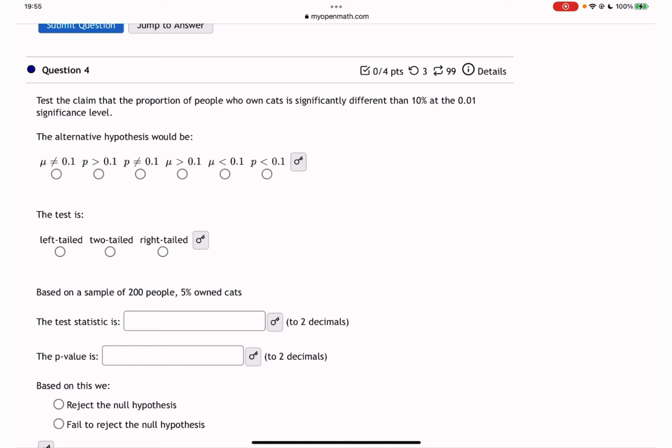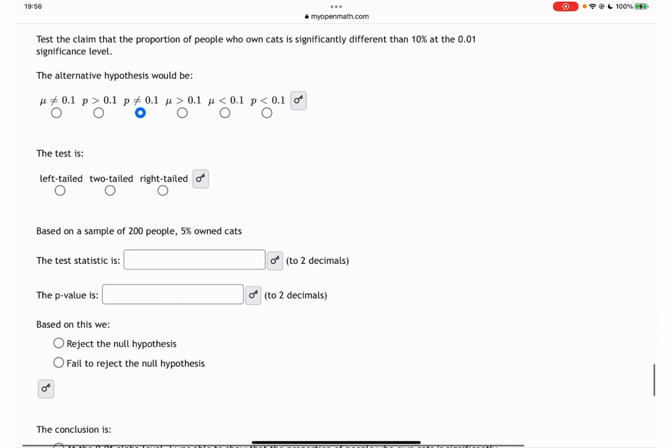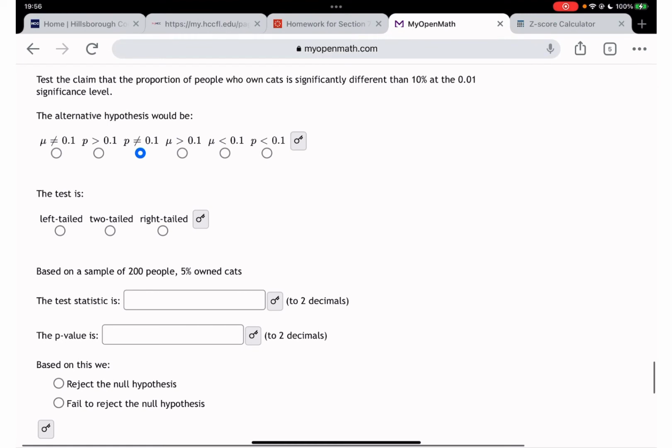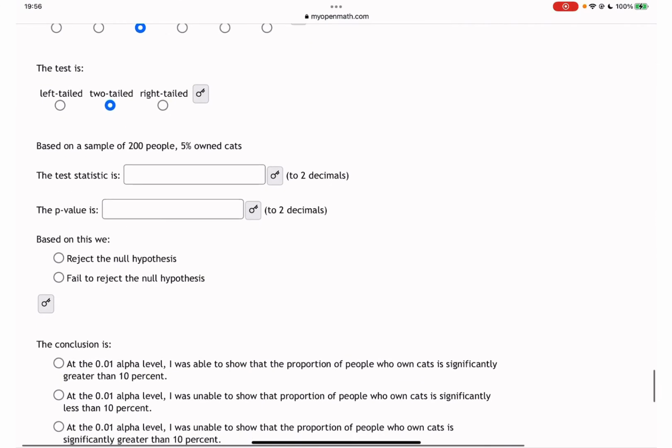So if it's different than 10%, we are going to choose the one that is not equal. Since it says not equal, it's usually a two-tail test. If it's greater than, it's a right tail, less than, it's a left tail. So again, watch the lecture video.